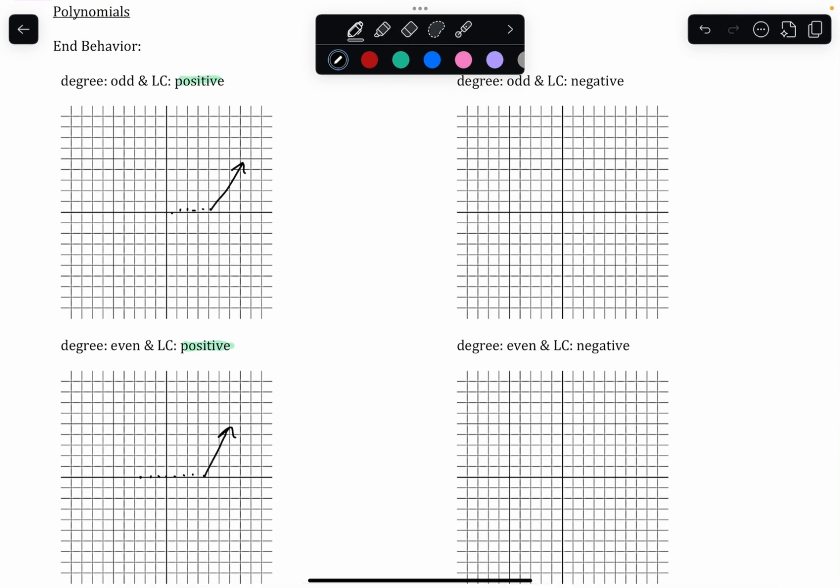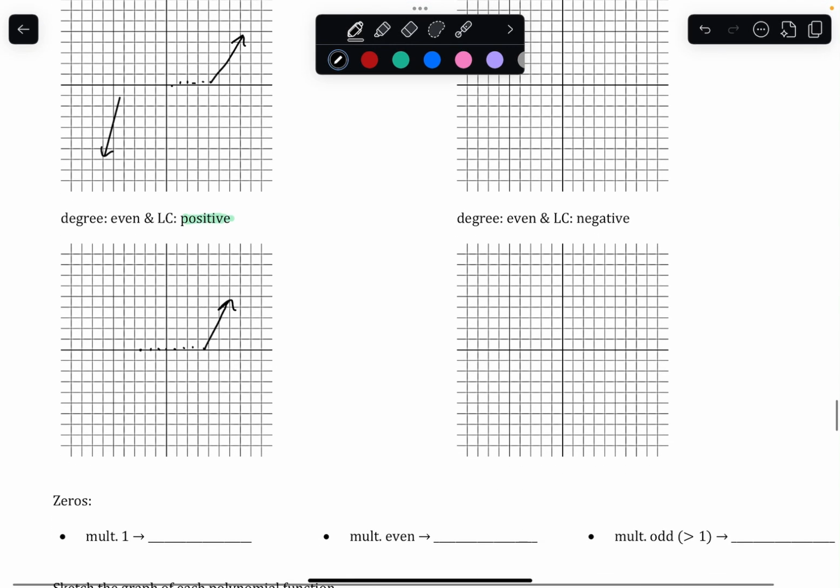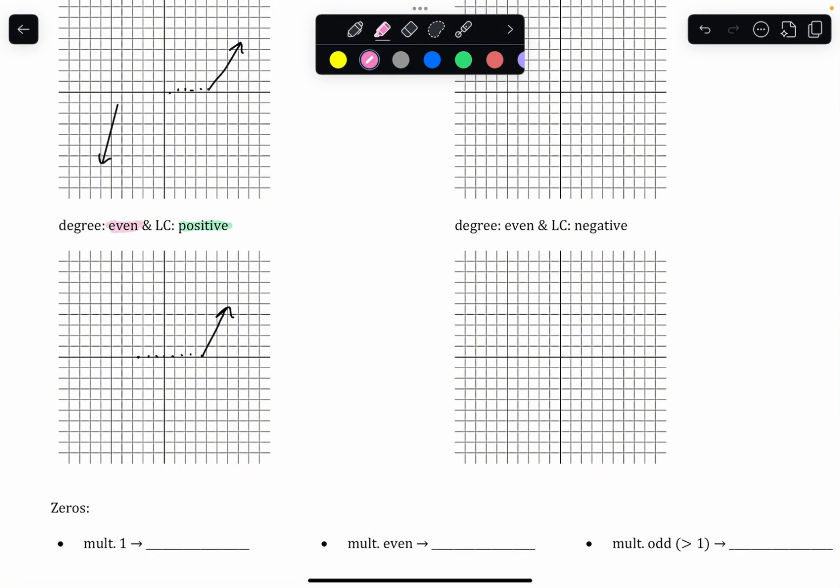Okay, if the degree is odd, the left side is not going to match, and so the left side will be down. If the degree is even, the left side will be the same as the right side.